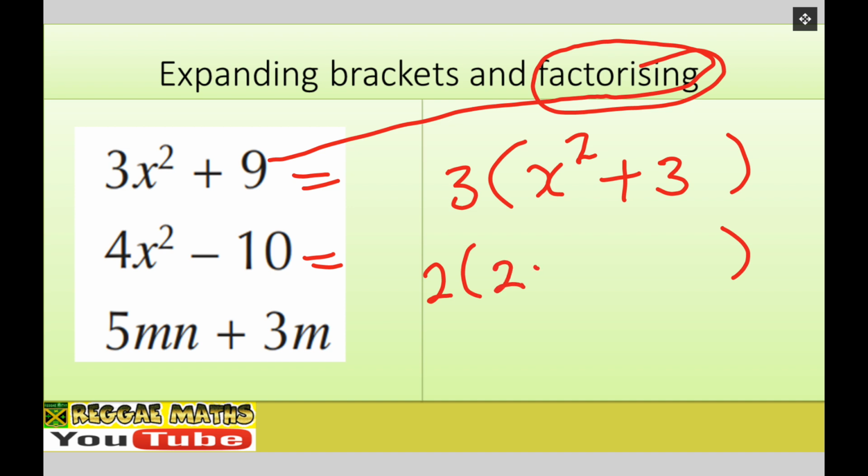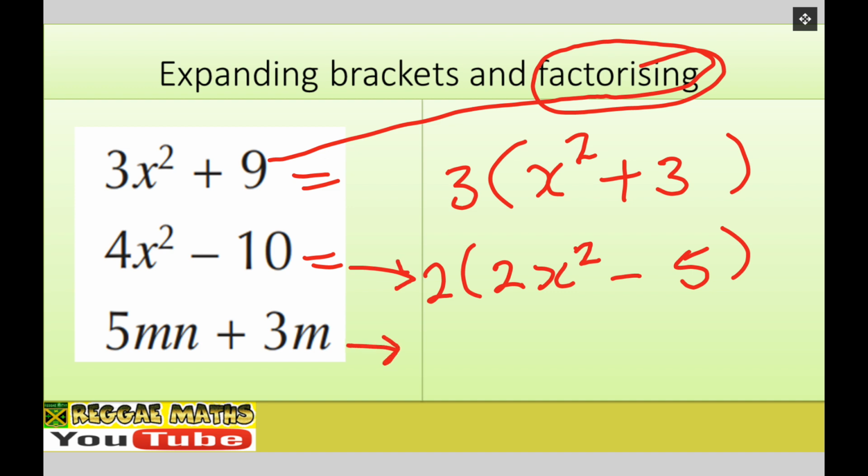It's going to be 2x squared, minus, sorry, it's not a plus, silly mistake there, it's a minus. So 2 times what equals 10, so that's going to be 5.